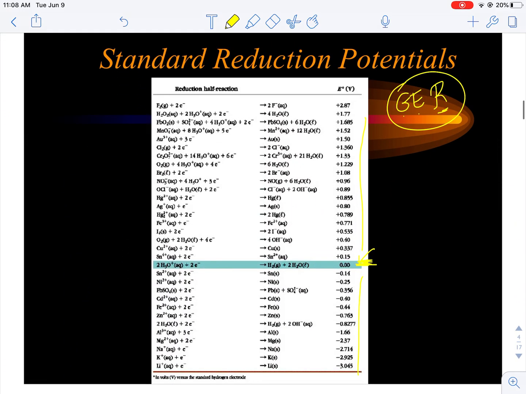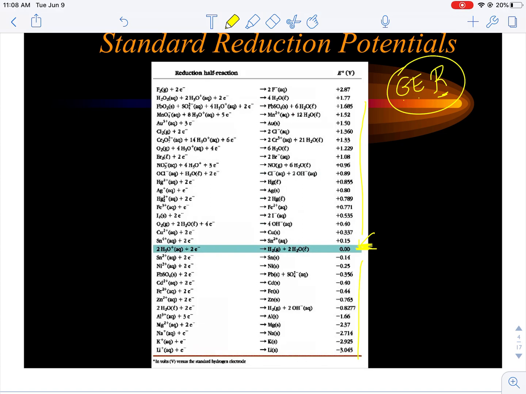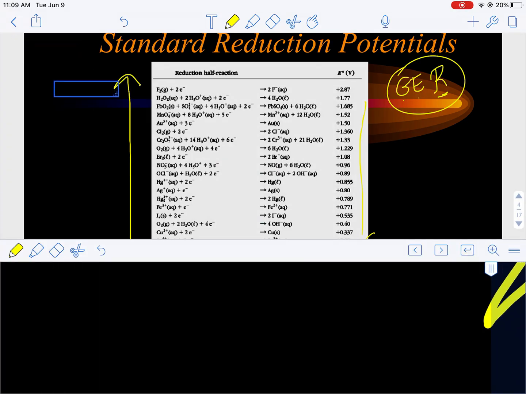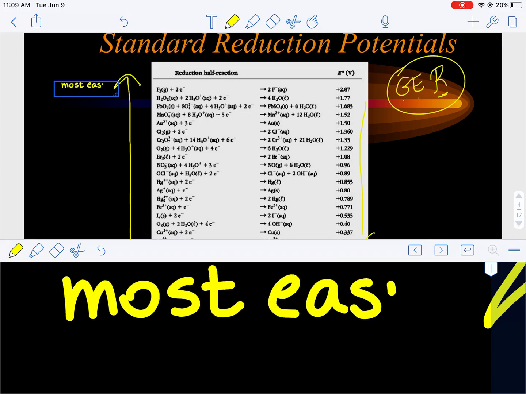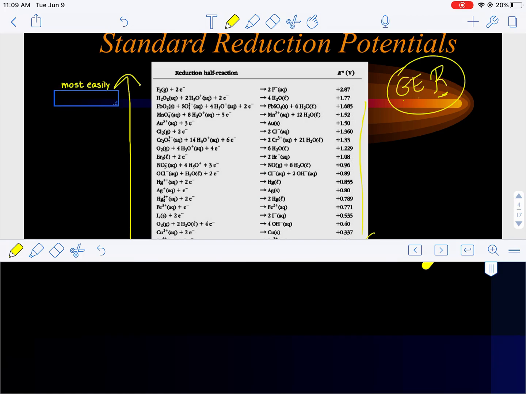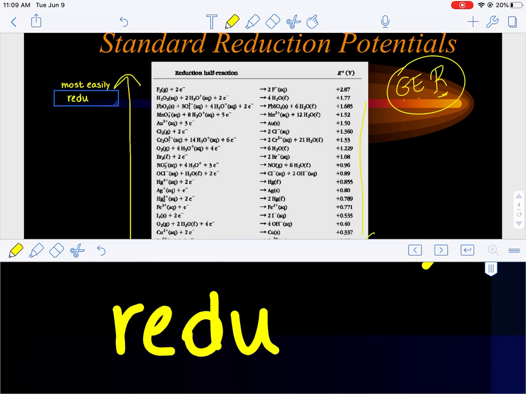So looking at our chart, the more positive, so those are the numbers here, meaning they're above the line for the reaction for hydrogen. These are the ones that are most easily reduced, and I'll put them at the top. Most easily reduced.